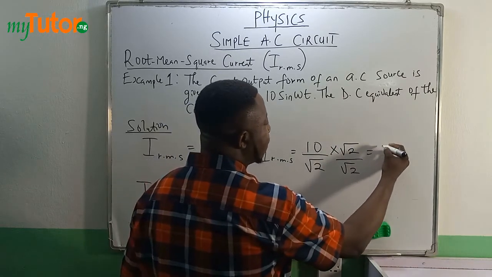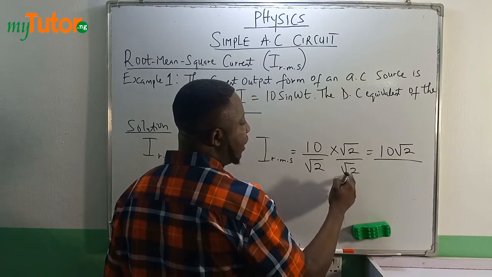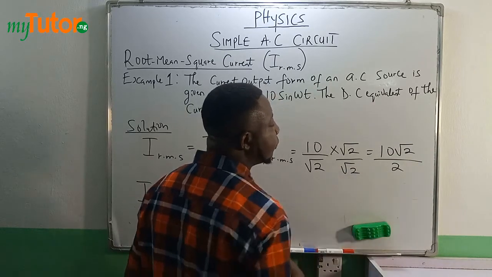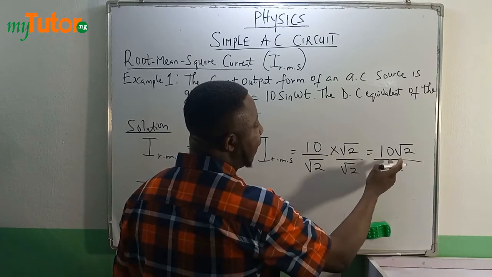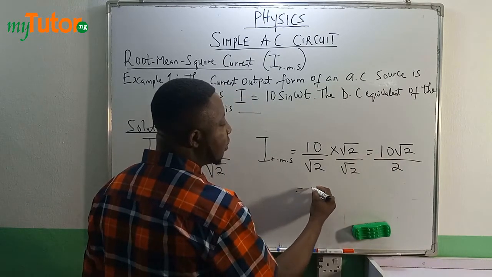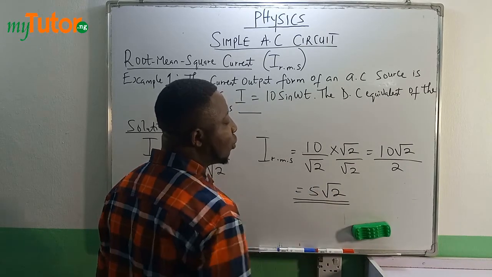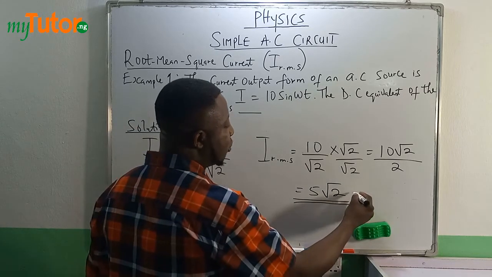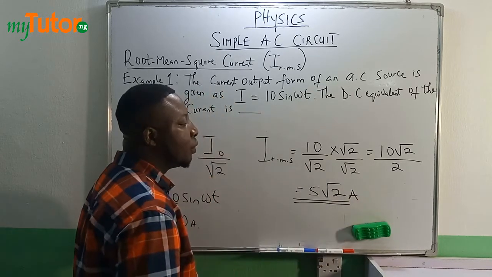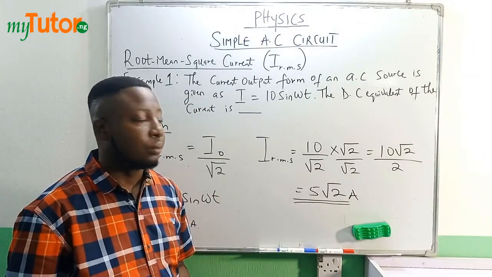This will give us 10 root 2 divided by 2, since root 2 times root 2 gives 2. So 2 can divide 10 to give us 5 root 2. This is the answer to our question, 5 root 2. And remember that our current is expressed in ampere.